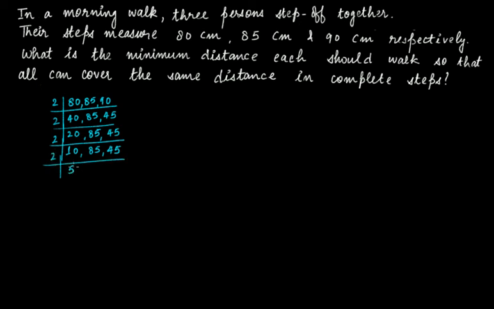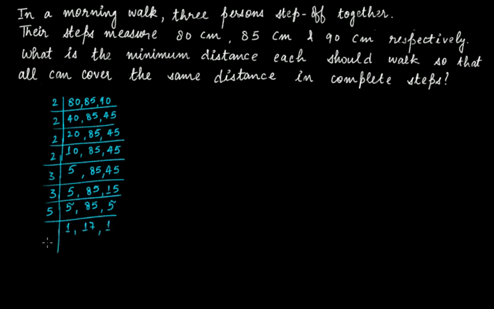Then 2 times 5, 85 and 45. This is 5, 85 and 15. You have 3, then you have 5, you have 85, you have 5, you have 5 here, you have 1, 17, you have 1, and then you have 17 here.